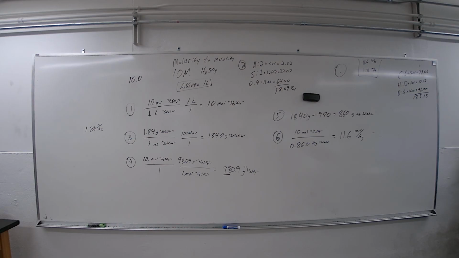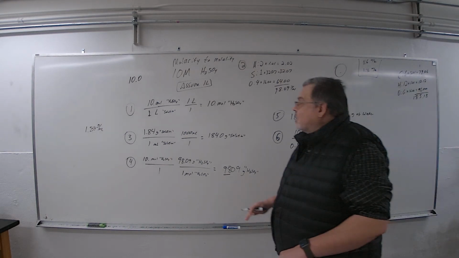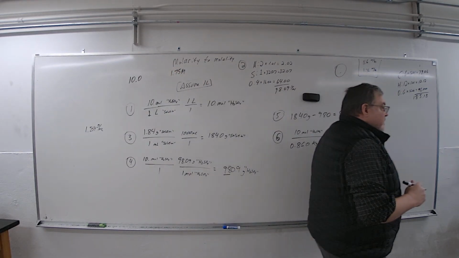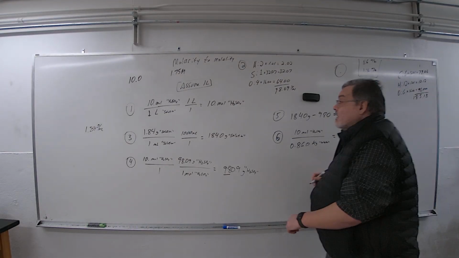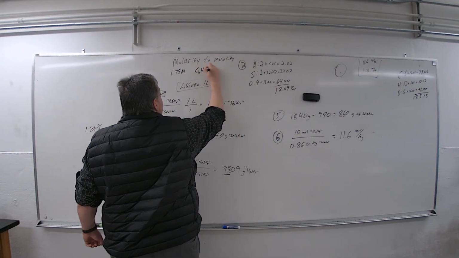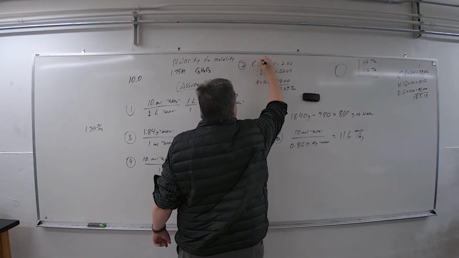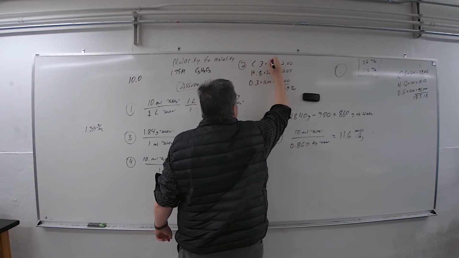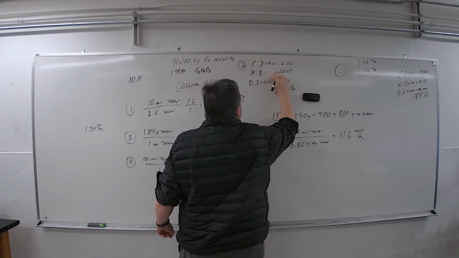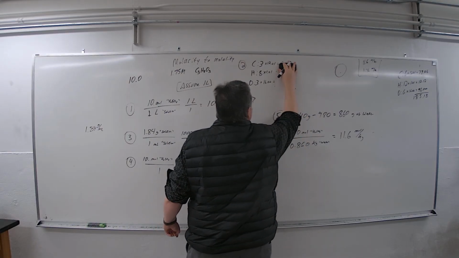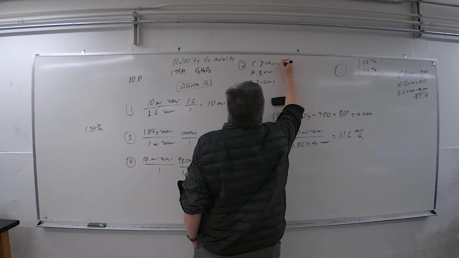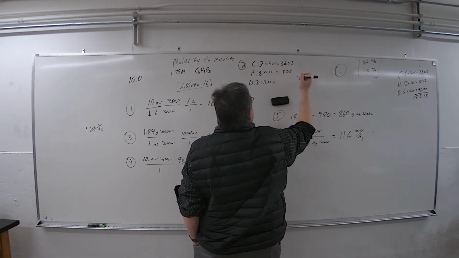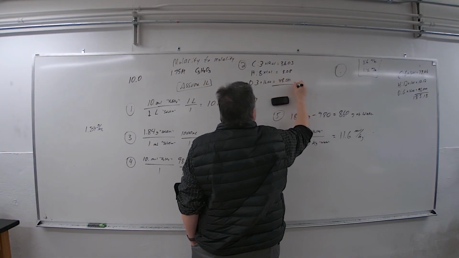1.75 molar glycerin. Glycerin is C3H8O3. Three times 1648.